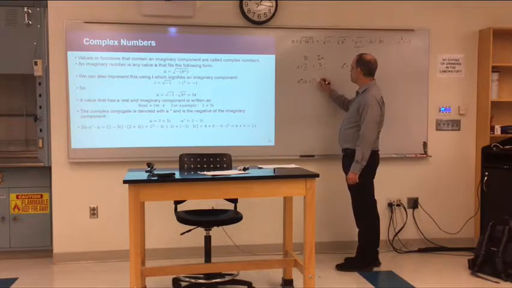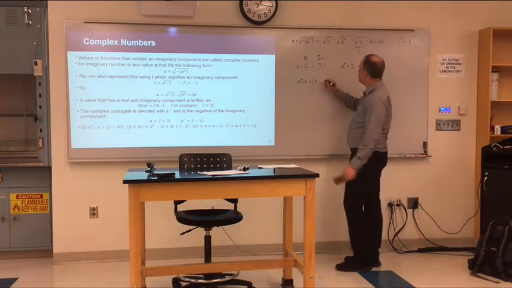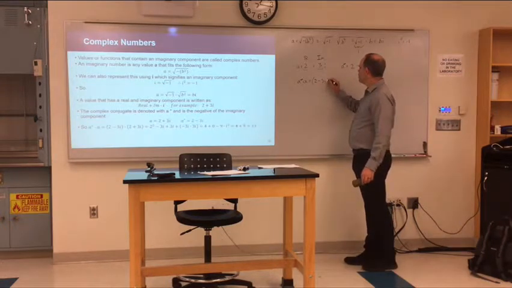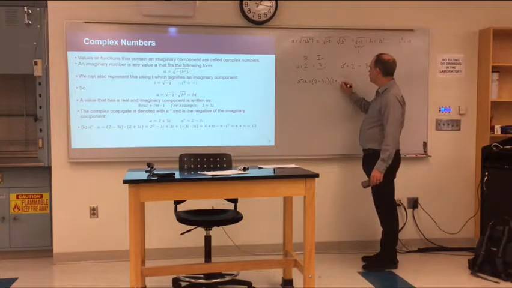We start out with our complex conjugate, 2 minus 3i, and then that would be times 2 plus 3i.